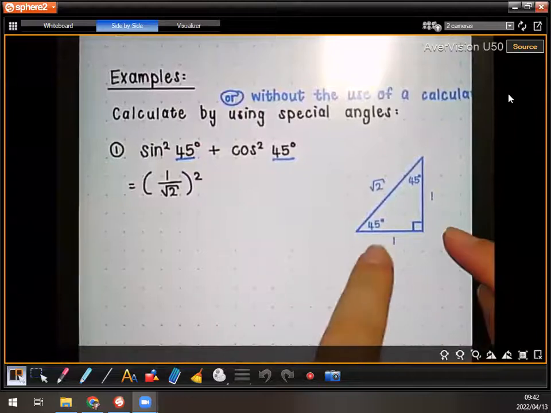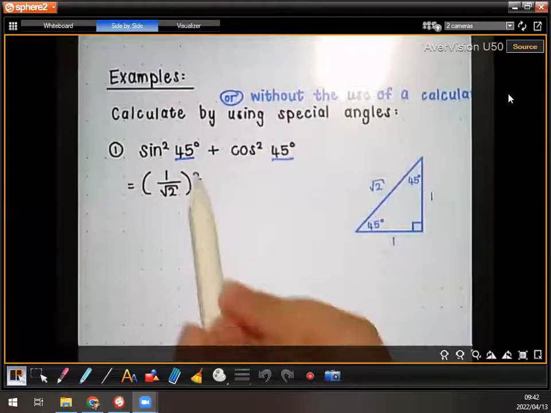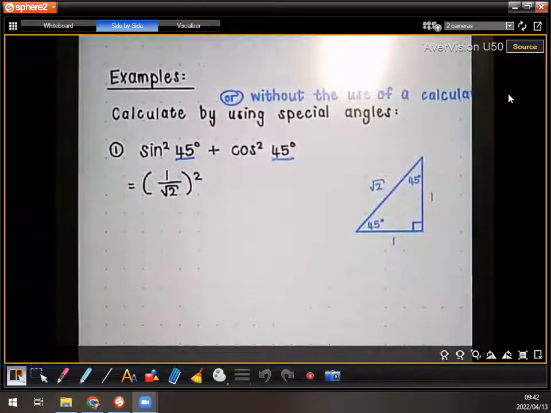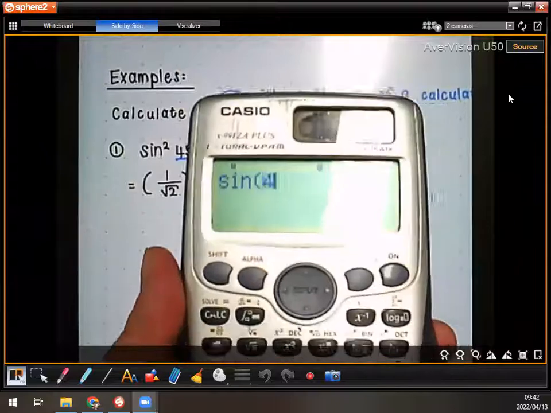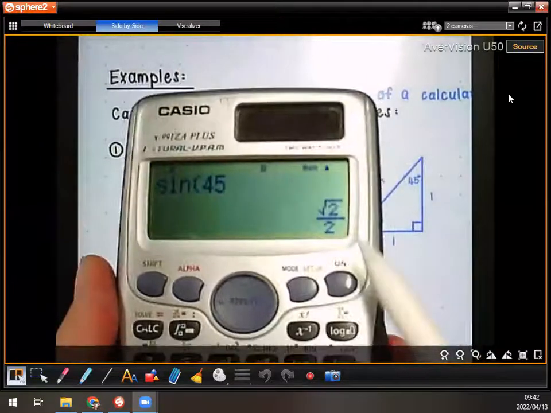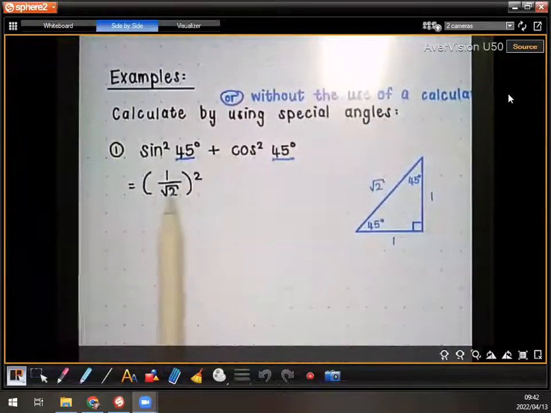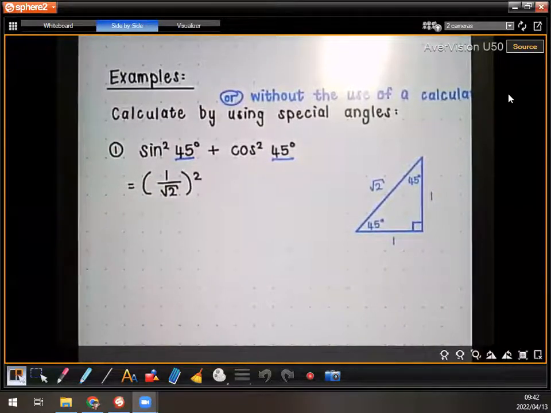If you have this triangle but you're writing root 2 over 2, that's a dead giveaway that you used the calculator. If you type sine 45 into the calculator, root 2 over 2 comes up. If you write root 2 over 2 here, but this is your triangle, the marker is going to know that you used the calculator. So don't do that, please. You have to do 1 over root 2.